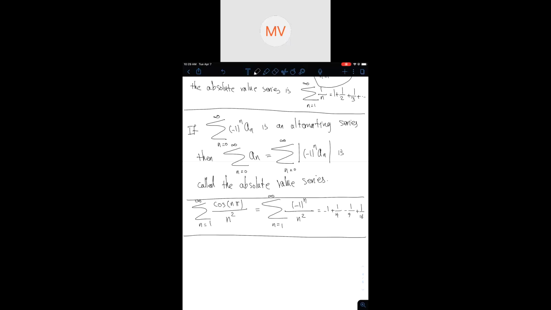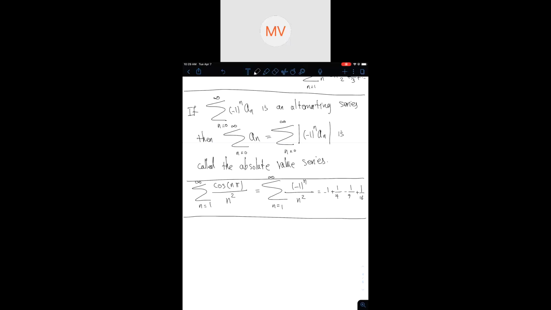Now, let's go back to the first example. Consider this guy and consider this guy. What do we know about the behavior of the left one? Does it converge or does it diverge?